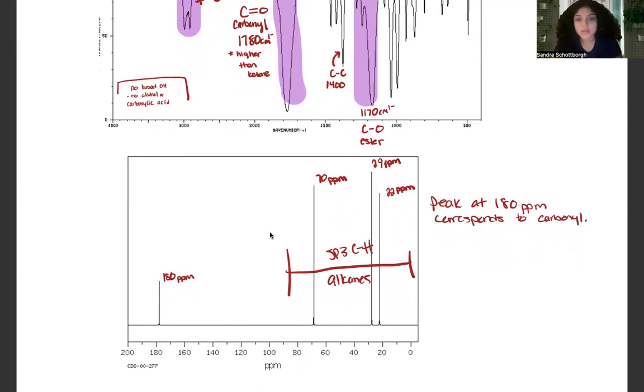Then we can move on over and see that at 70 ppm, 29 ppm, and 22 ppm, there are sp3 carbon hydrogen alkanes. So we know that there's going to be 3 CH2s involved in our structure as well as a carbonyl group.